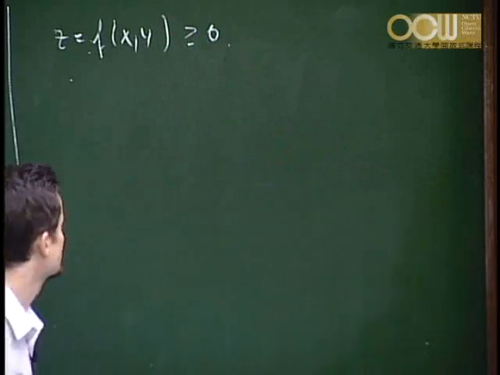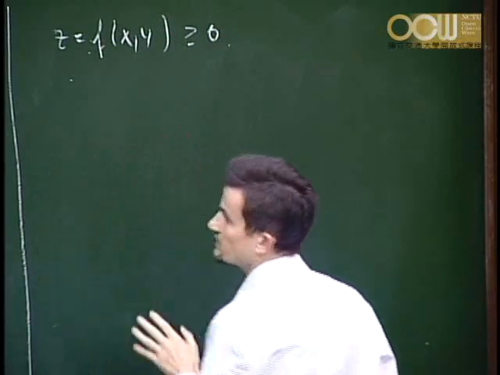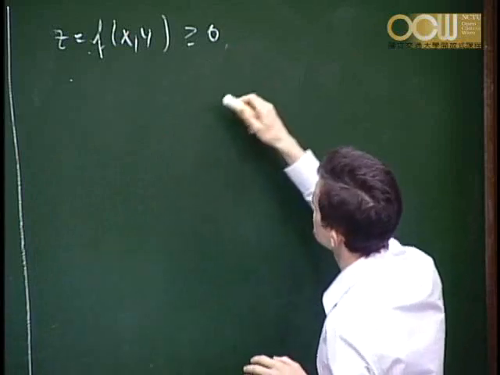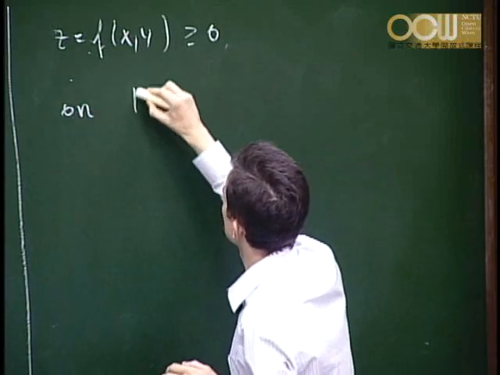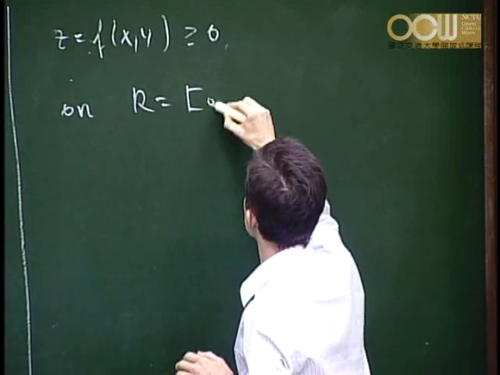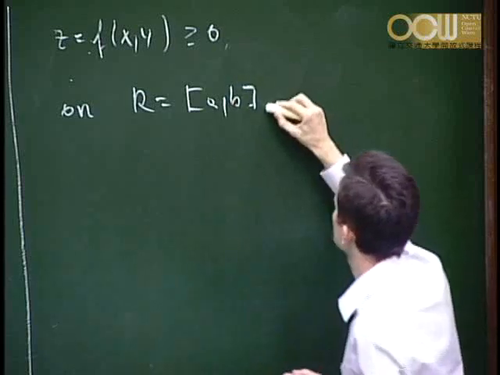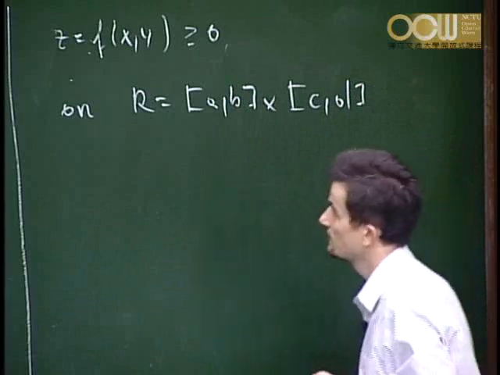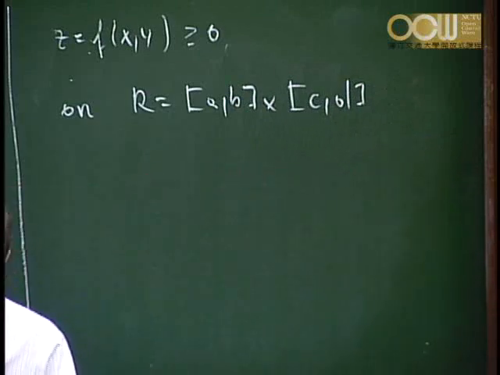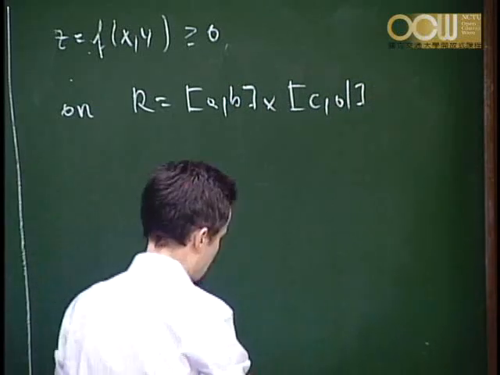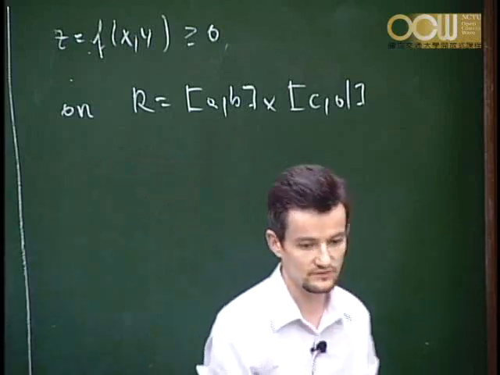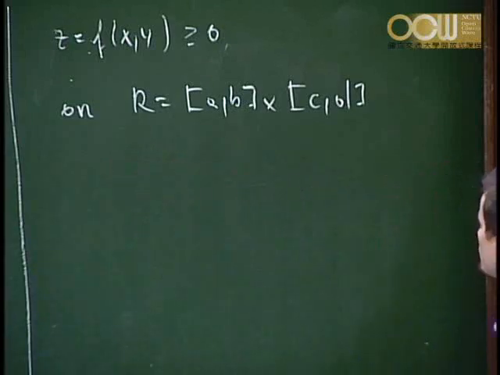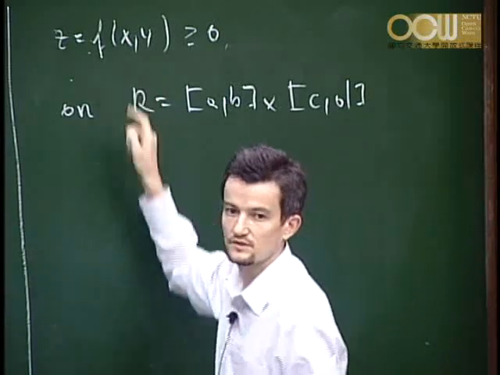If you plot this, we assume the function is given on a rectangle, which is [a, b] in the x direction and [c, d] in the y direction. So in the xy plane you have this rectangle, and sitting above it you have the graph of this function.